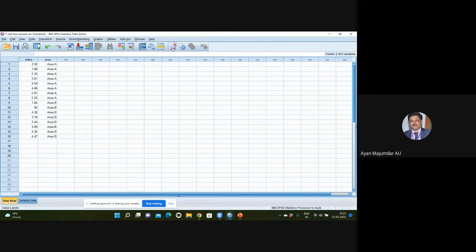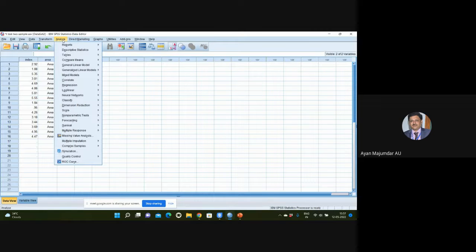So how to test the hypothesis? You go to Analyze, same, Compare Means. Instead of one sample test, this is a 2 sample test which are not paired, which are independent. So select independent sample test.